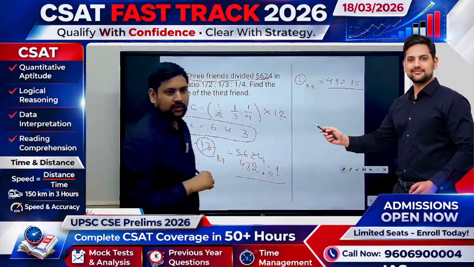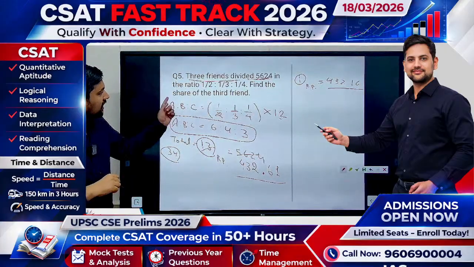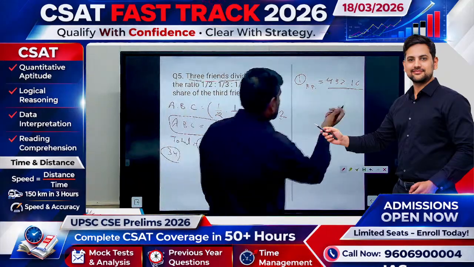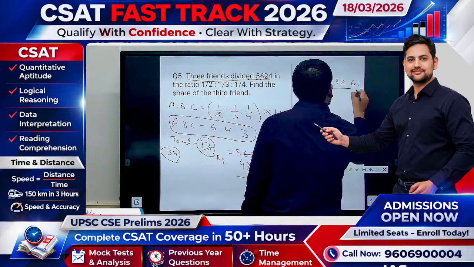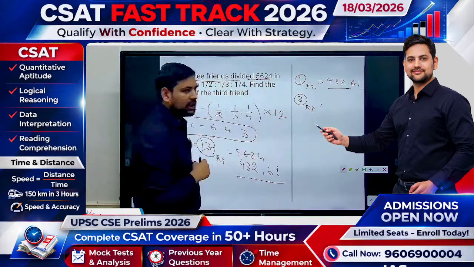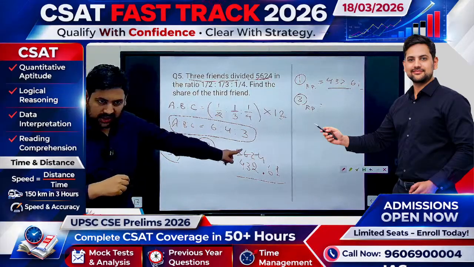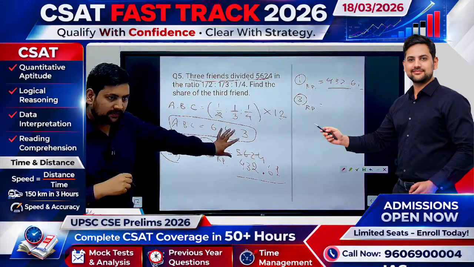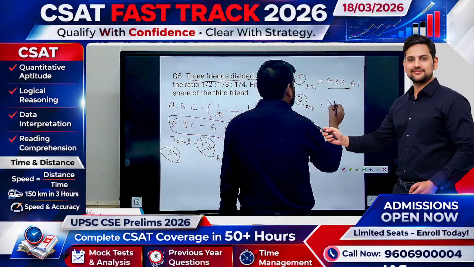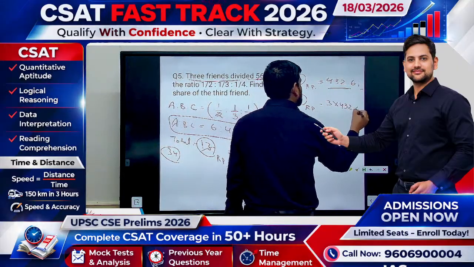1 ratio point. Okay. It is asking to find the share of the third friend. So what will it be? So this is 6-1. So the value of the third friend is 3 ratio points, not 1 by 3. Now you have got this ratio. So this becomes 3 into 432.61.